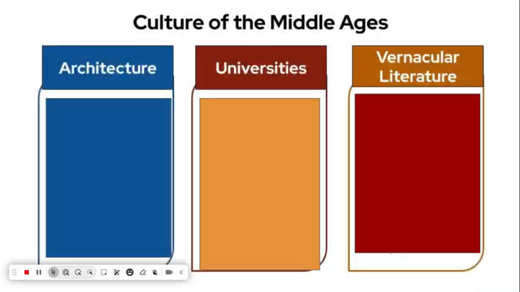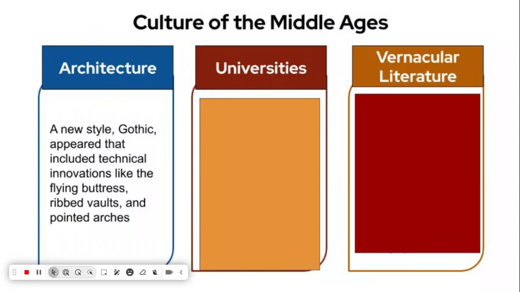So, culture of the Middle Ages, architecture wise, you have a new style. You have Gothic that becomes the thing. One thing that we didn't mention is a lot of these old Gothic cathedrals use gargoyles, which were basically mason created creatures that were used to scare off birds and bats and such, which appear kind of cool.